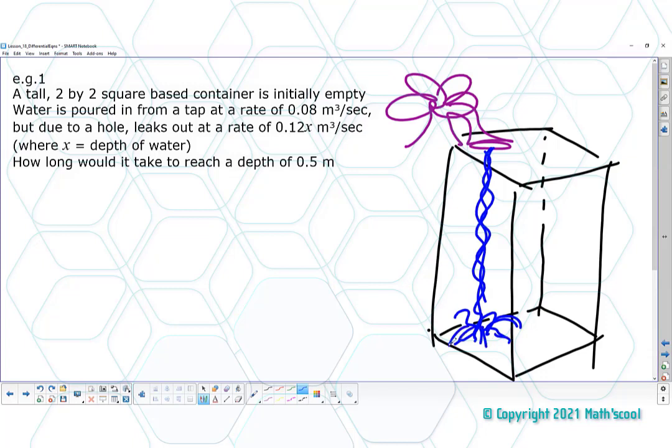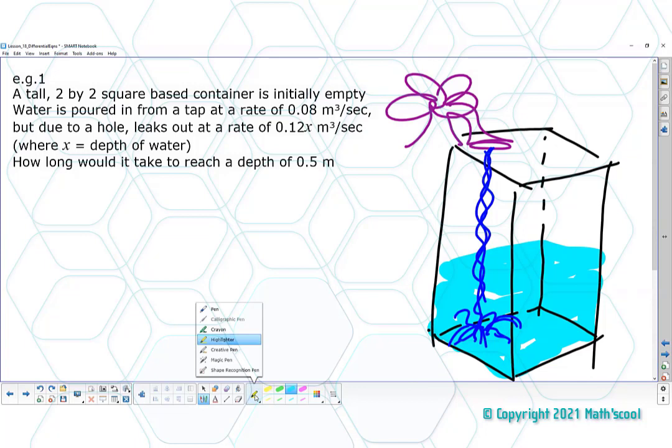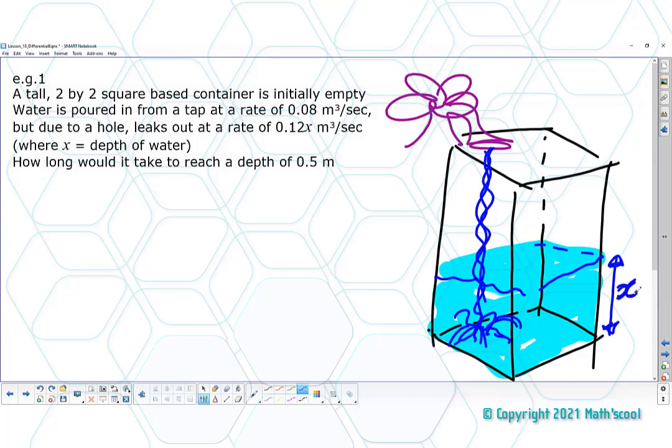And as I pour water into it, it's going to fill up with water. And the depth of the water is going to be x.